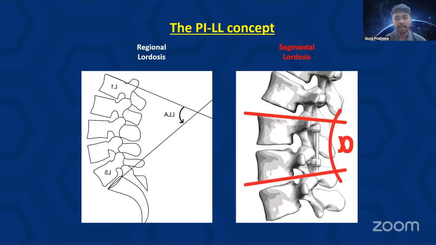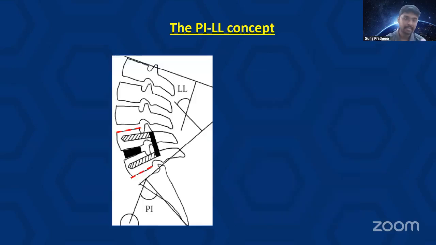In spite of giving importance to regional lordosis, it is also imperative to give importance to segmental lordosis, which translates into regional lordosis. As you can see, this is a schematic representation of a patient undergoing a single level fusion. This is a patient where the L4-5 segment has been fused in lordosis, and this has been translated into a global lordosis.